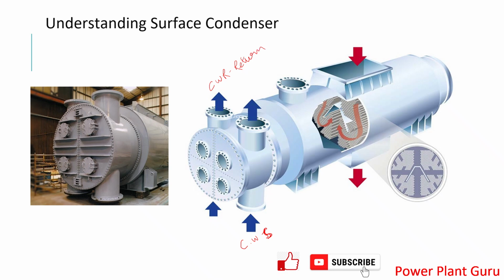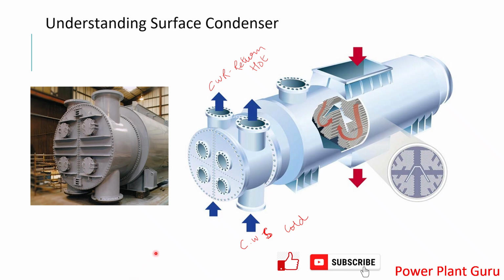Here it will be coming from a cooling tower, so it will be comparatively cold. Once it goes inside the condenser, it exchanges heat with the steam which is coming, then it will be hot and go back to the cooling tower.